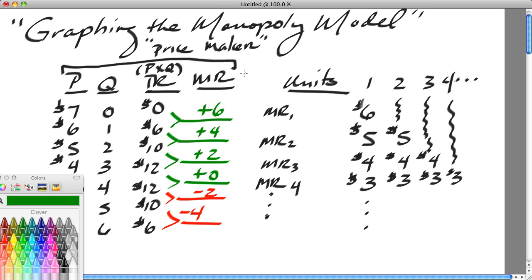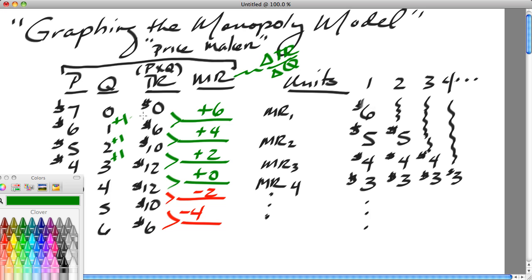What is marginal revenue? Marginal revenue is the change in total revenue over the change in Q. So every time we add a unit, we're interested in how does revenue change. Notice Q is changing here by 1 every time. Every time we change Q, we add 1, but notice that total revenue is not changing by the same amount.